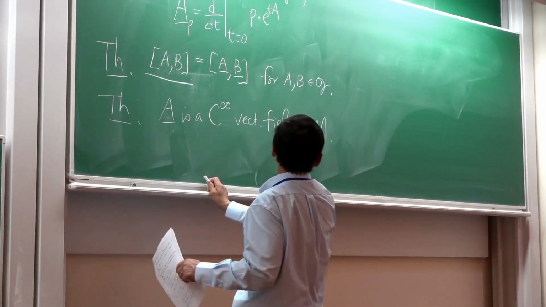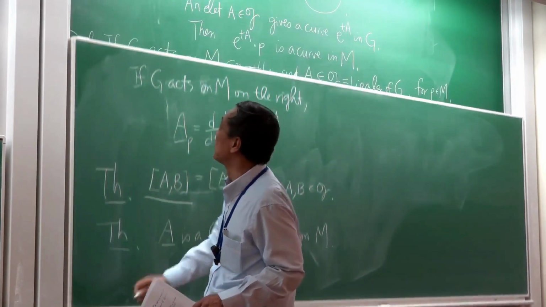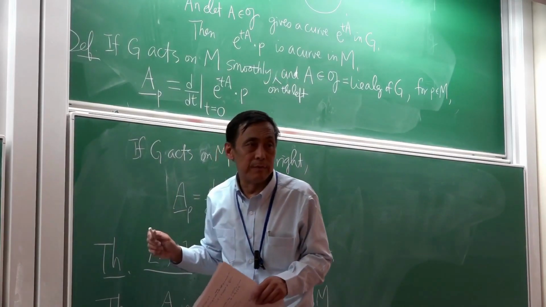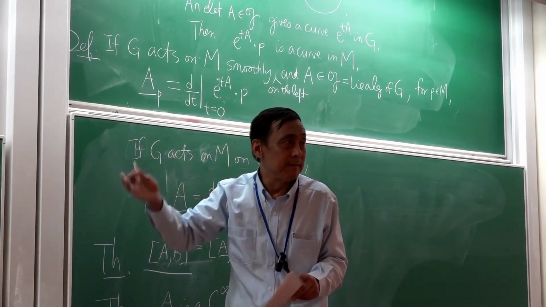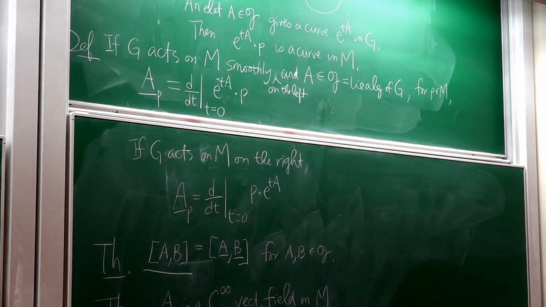And then next, I want to write down the integral curve of this vector field, because I now have a C infinity vector field on M. So it has an integral curve.